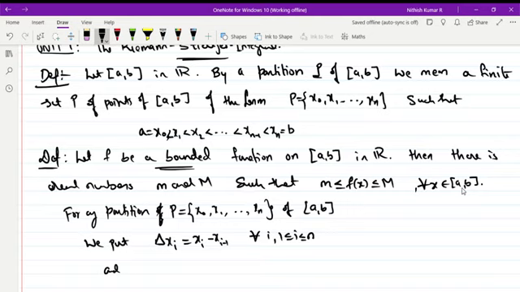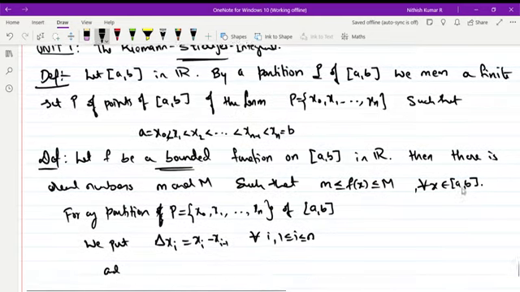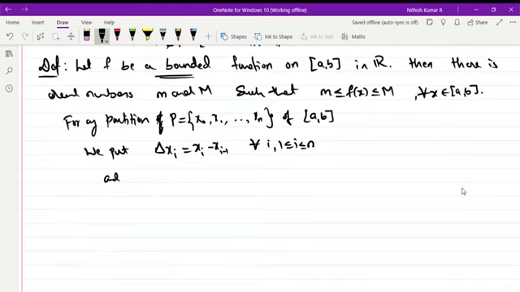Now let's explain with respect to a geometrical interpretation. So let's draw a curve. Say this is the x-axis and this is the y-axis, and consider a curve.